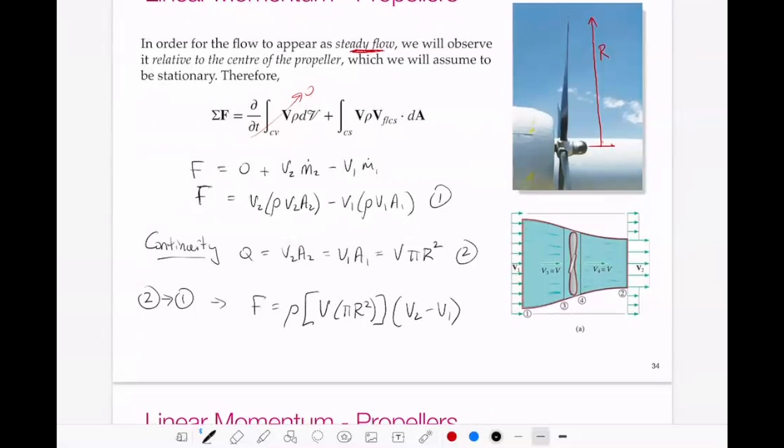So here just remember our velocity at point 3 and point 4 are equal to our velocity V.